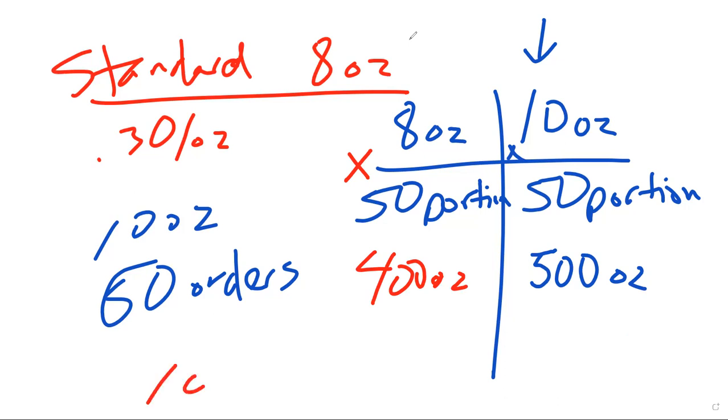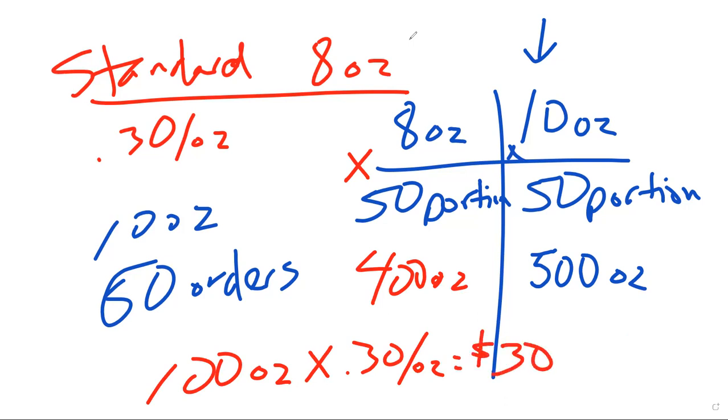Good. So we overserved by 100 ounces. And how much does each ounce cost? 30 cents an ounce. So 100 times 30, $30. So you can just figure that out.